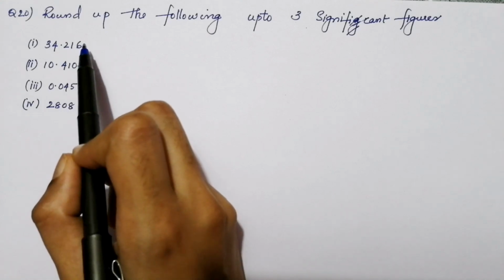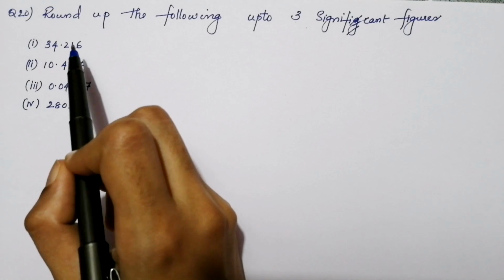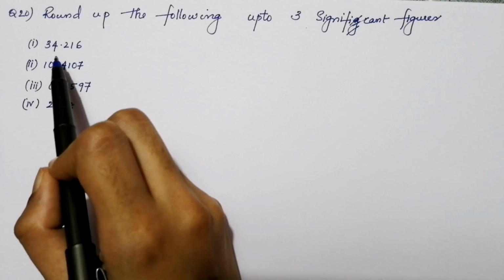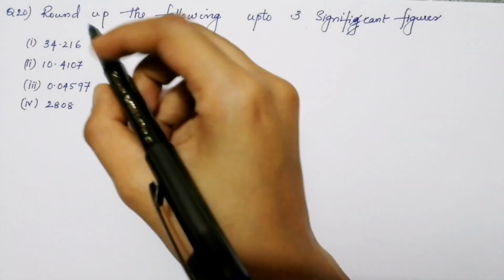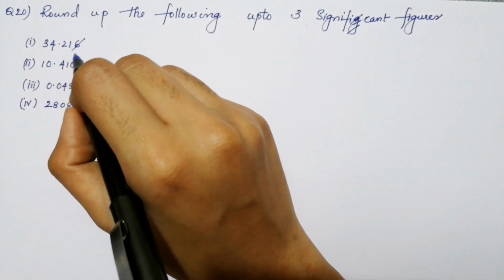Now, the question here is to round up these 5 significant figures into 3 significant figures. So here, we should be aware of how to round up the numbers and how we determine the significant figures. Now, let us try solving this first question. Since we need only 3 significant figures, let us avoid the last significant figure, that is 6.